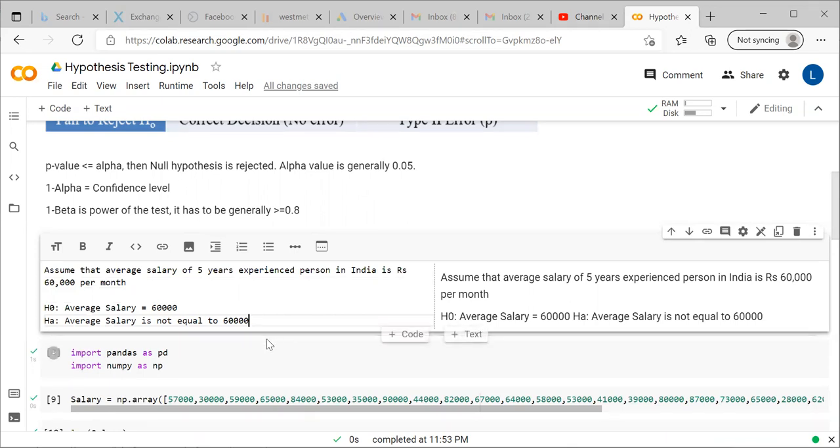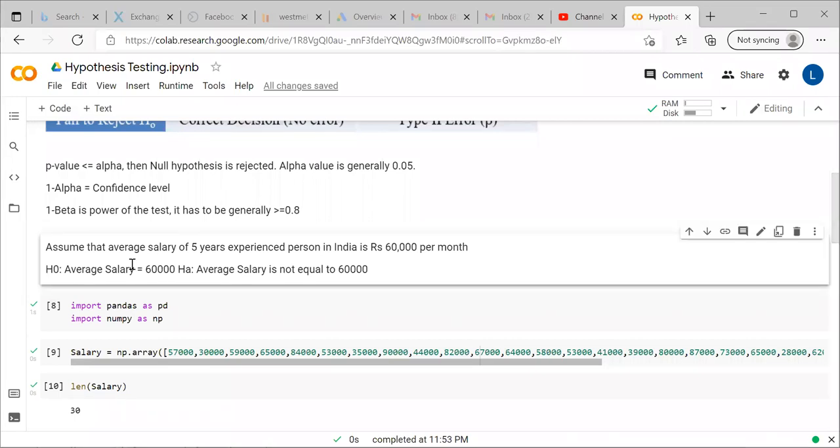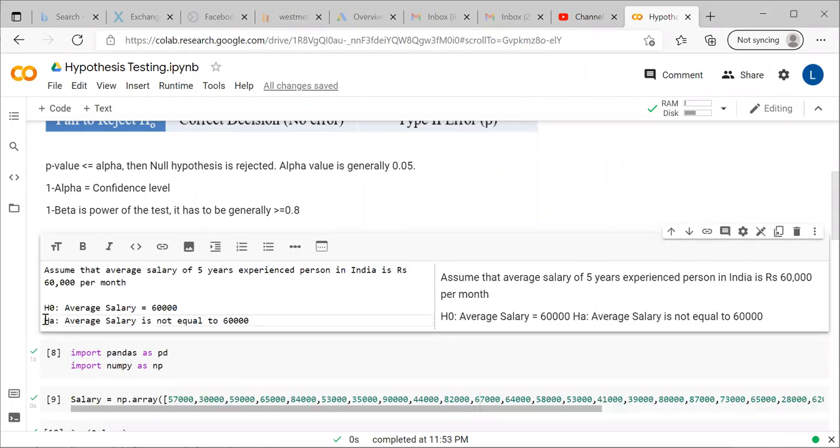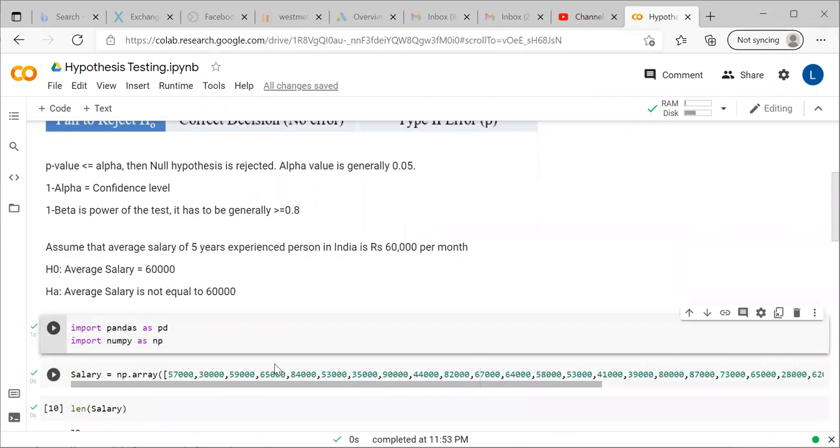So these are the two hypotheses. Now we are going to conduct a test and validate this hypothesis, whatever the null hypothesis we have taken, whether it is valid or not.